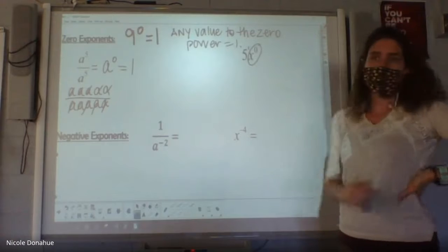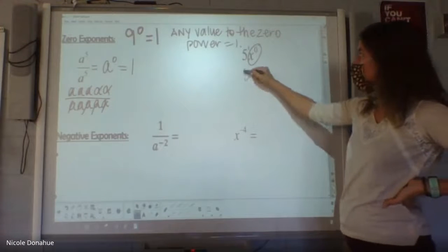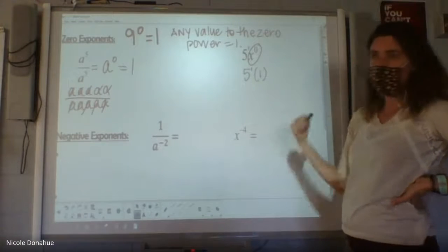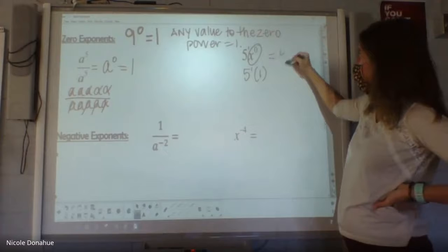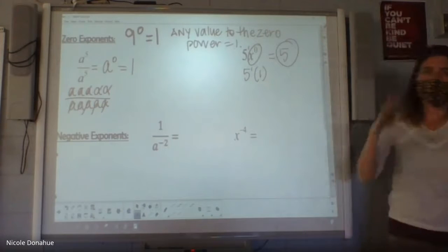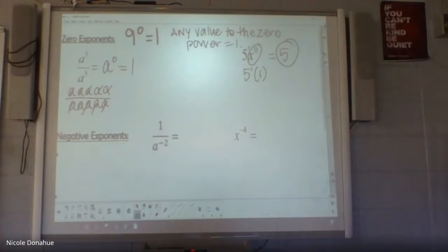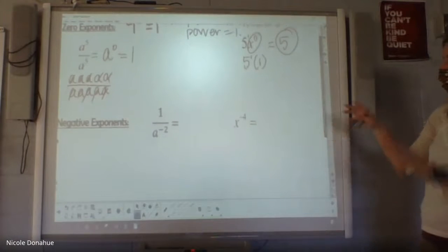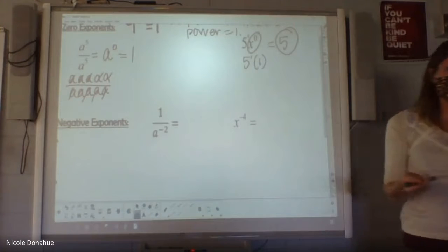Now we said anything to the 0 power equals 1. So this is really going to be 5 times 1, which is just going to equal 5. So that variable with the exponent of 0 is just canceling out there. So that'll come up from time to time in here, and so I just want to make sure that's clear.